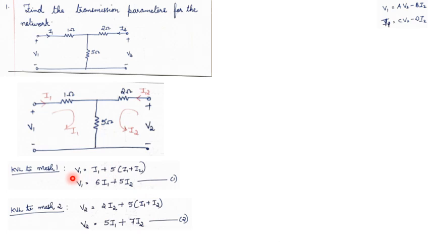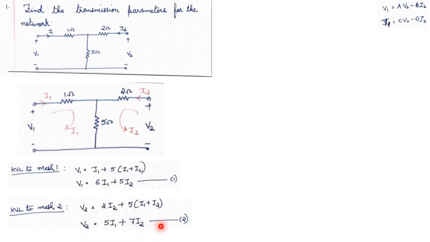So here we have the expression V1 is equal to 6I1 plus 5I2. But the parameter equation is like this: V1 is equal to AV2 minus BI2. That means we have to express V1 in terms of V2 and I2. But here we have V1 in terms of I1 and I2. So it will be good if we can replace the term I1 in terms of V2 and I2.